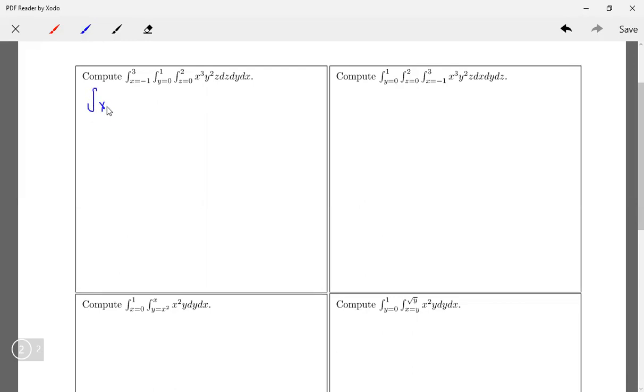So at first, we'll just basically ignore the outer two integrals and just work with the inner integral.